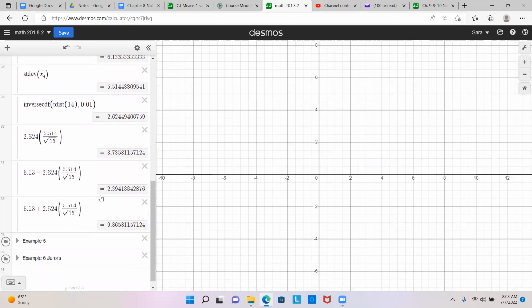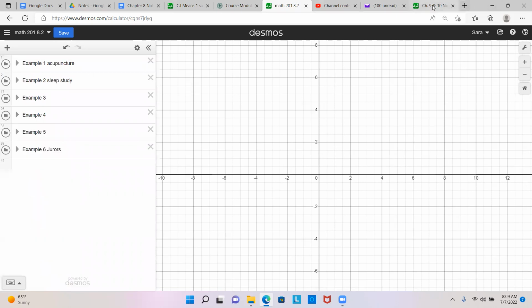And then we're calculating our lower and our upper. So our confidence interval is 2.39 hours of TV up to 9.87 hours. That's a pretty big range. And that's because we're so confident. Remember, the higher the confidence, the wider the confidence interval.